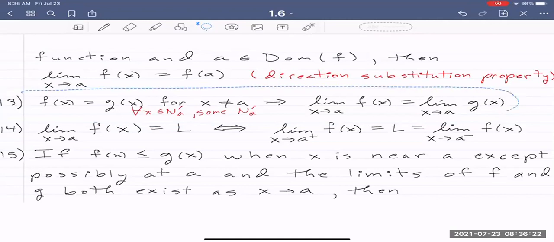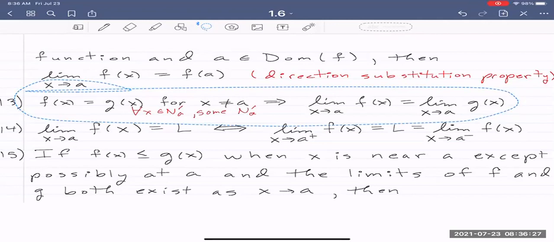Luckily, when you simplify, the functions are equal on a deleted neighborhood. If a is not in the domain and you have some rational function or polynomial function, then after you've simplified, the functions will be equal except at a, where a was not in the domain of the original function.